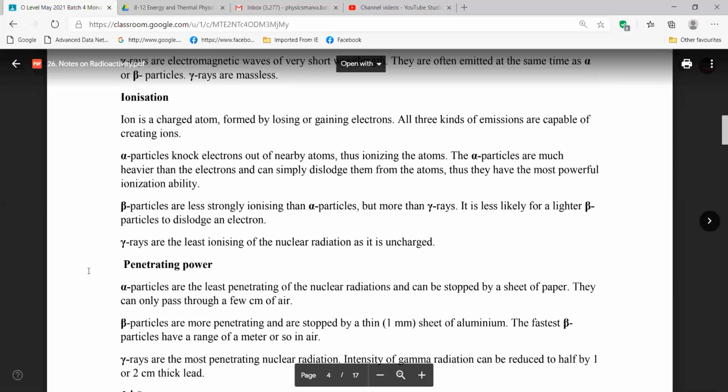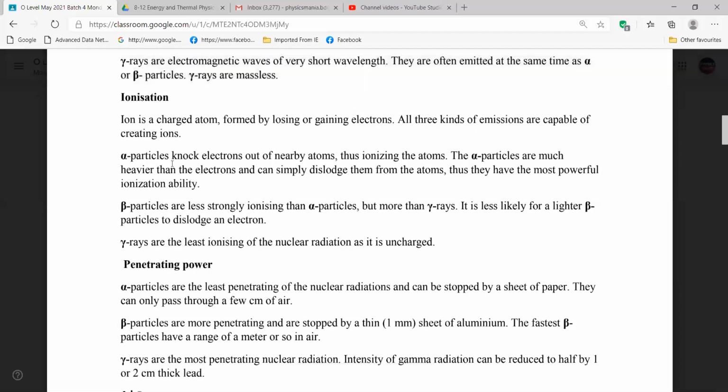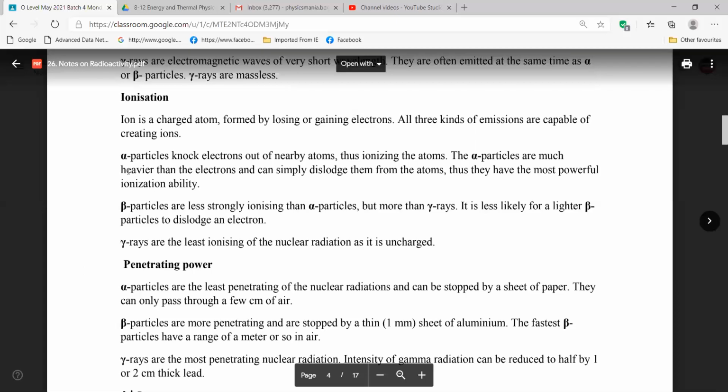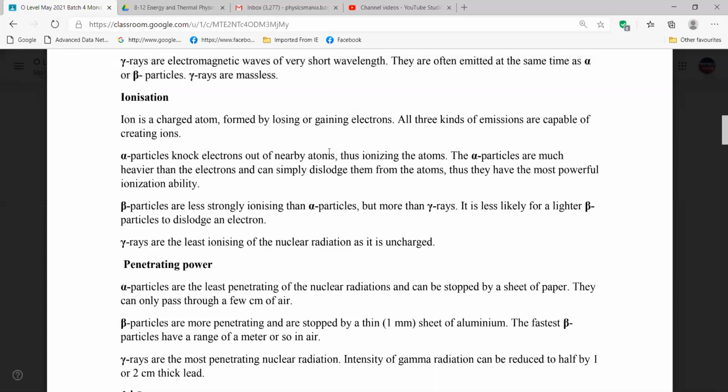So you understand what they are saying. If a beta particle collides with an alpha particle, the effect will only be on the beta particle. So electrons, when they have alpha particles closer to them, can easily dislodge from their shells.